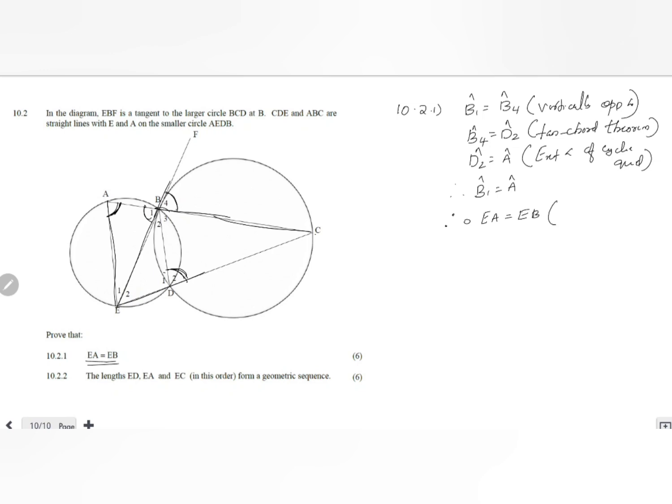What is the reason? Sides opposite equal angles. So we are done with this question. We proved that EA and EB are equal. You can go to the next question.